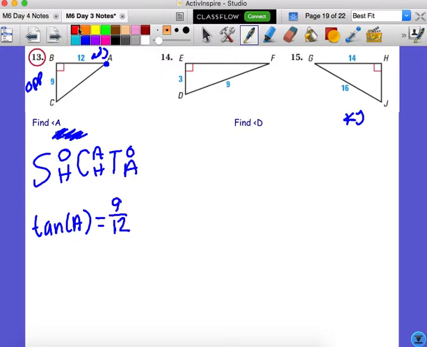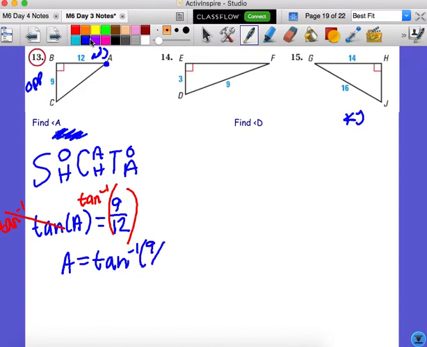To get A out of the tangent function, I need to use its inverse. What I do to one side, I have to do to the other. So A is going to equal the tangent inverse of 9 over 12. So second tangent, to pull up the inverse, 9 divided by 12.